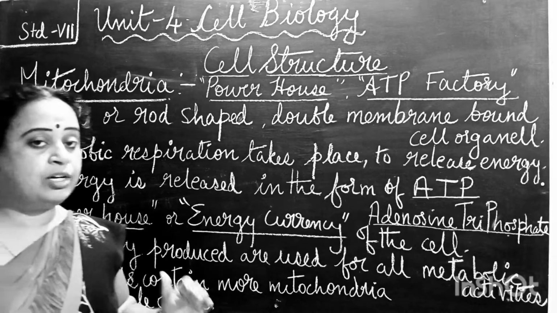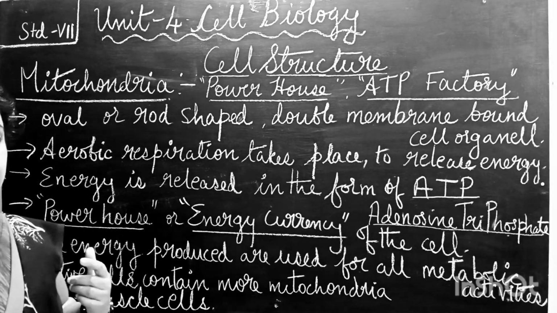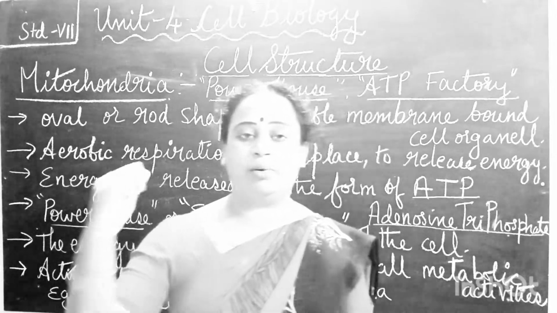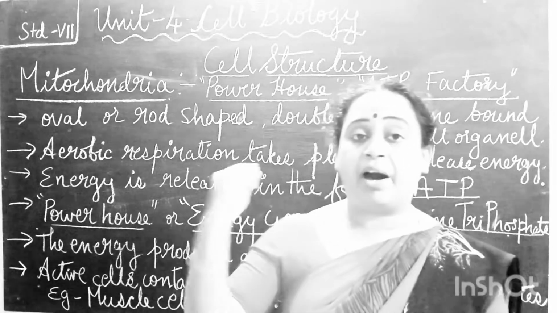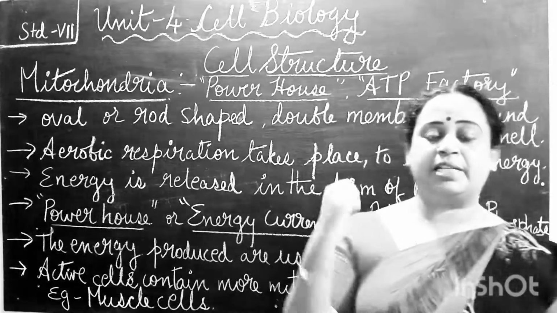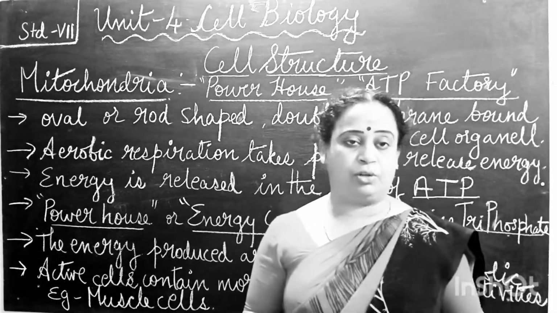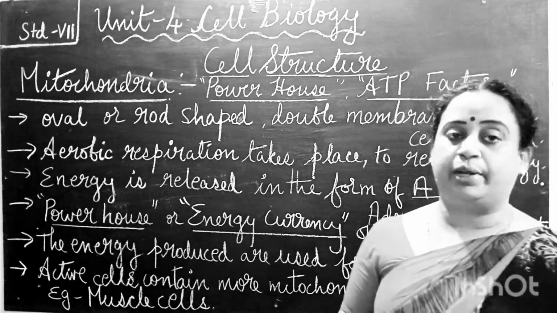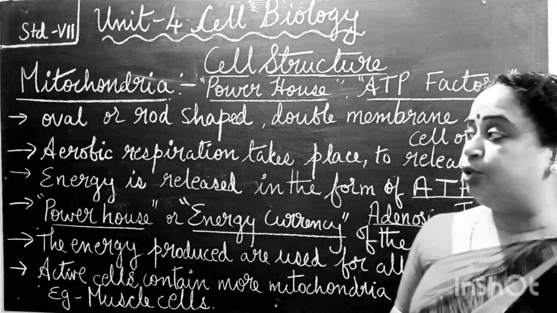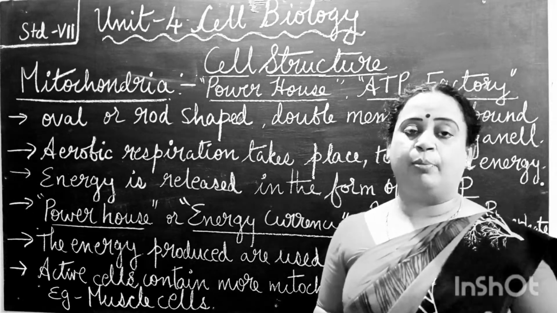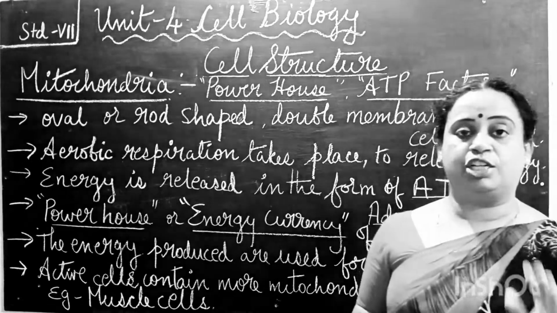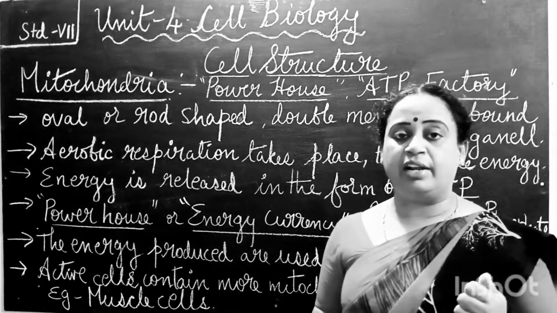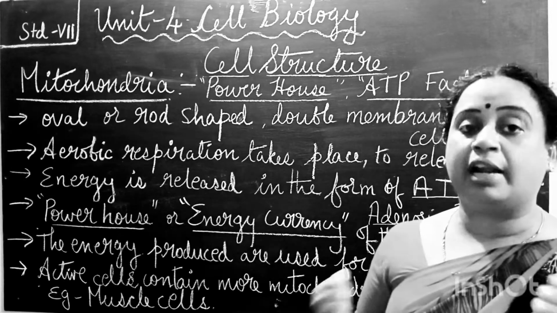Now we understand the role of mitochondria. Of course, mitochondria is called the powerhouse of the cell. It gives more power to our body. The muscle cells contain more mitochondria, so we are able to do different types of work in our day-to-day life. To get more power in our body, we should eat nutritious food, which gives us more energy, and using that energy we are able to do the work.